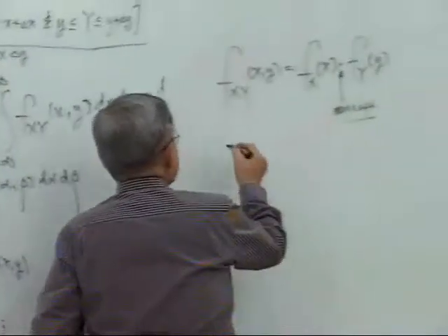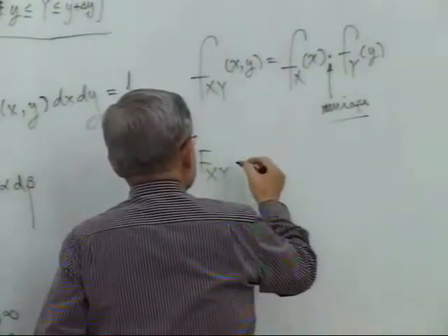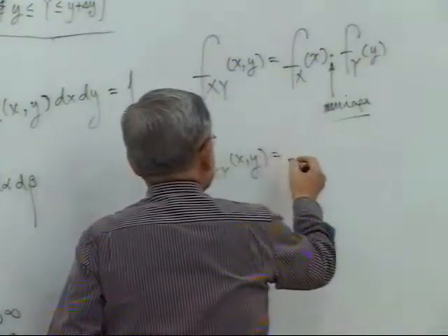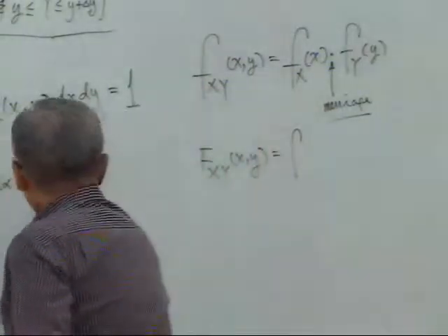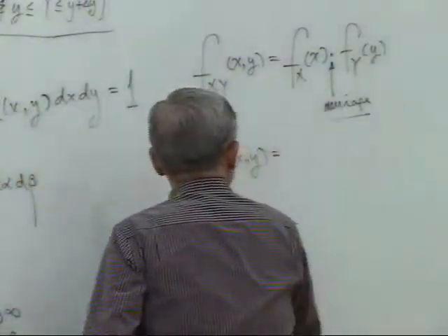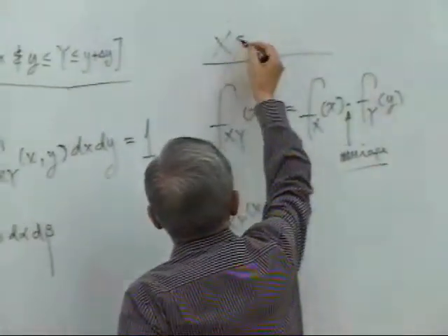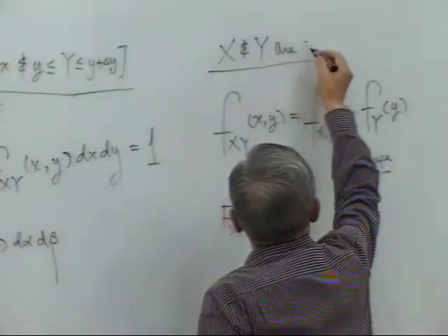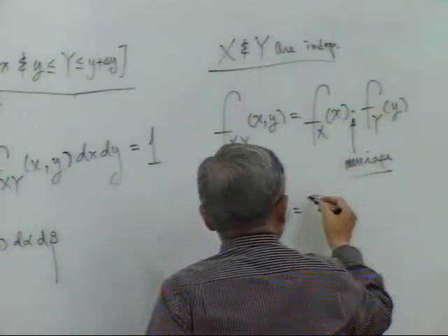And of course, for the cumulative function, the condition over here is X and Y are independent. So this is FX times FY.